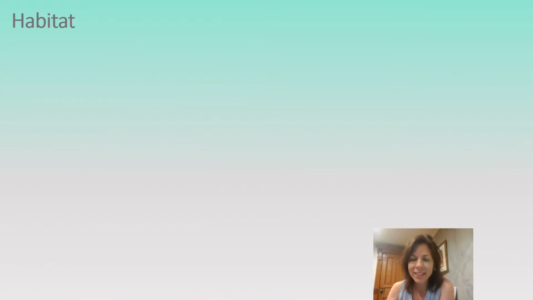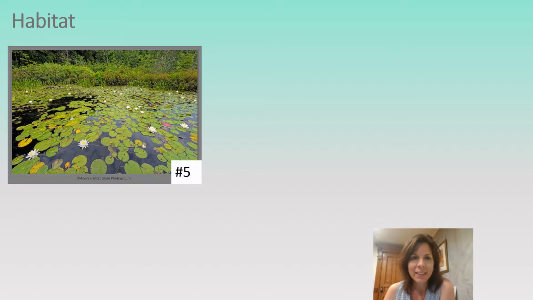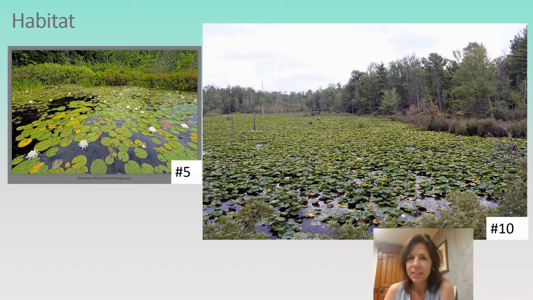Okay, habitat. I'll show you the pictures that I chose for habitat. I chose number 5 as well as number 10. Those might have been the easiest ones to categorize because they're not pictures of an actual animal, the bullfrog, which our unit is about, but rather just where the bullfrog lives, right? So kids might have had an easier time with that than the other ones.